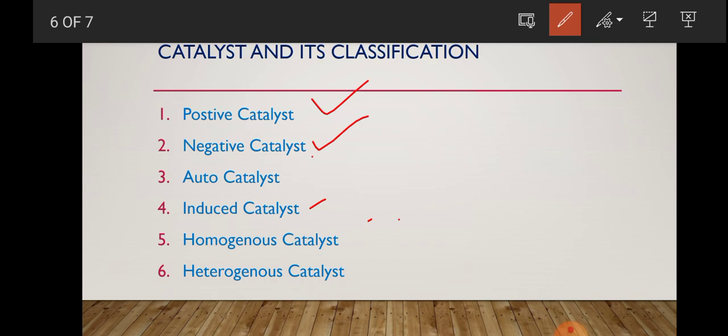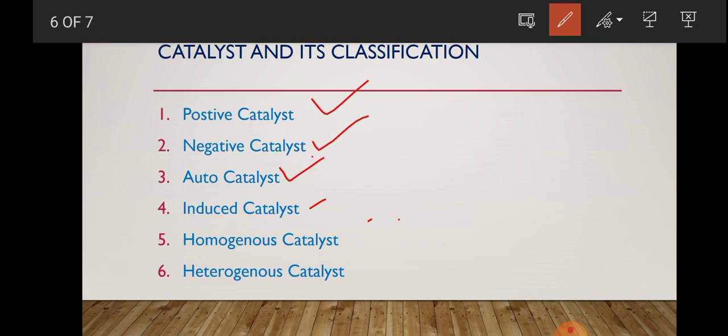And autocatalyst: there are some instances in which one of the substances formed during the reaction acts as a catalyst for that reaction. This is known as autocatalyst. That means in this case, the catalyst is produced during the reaction. So in autocatalysis, no catalyst is added from outside. One of the products formed by the reaction is the catalyst.